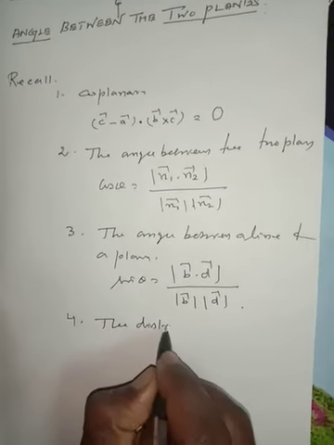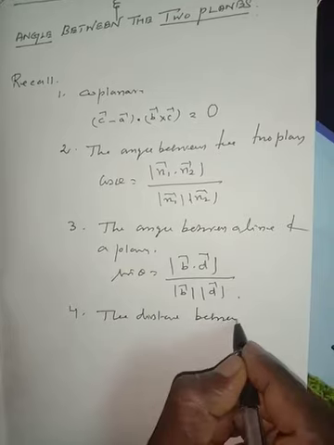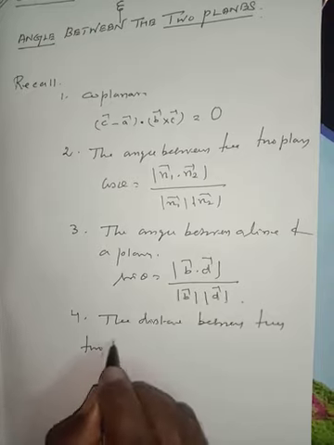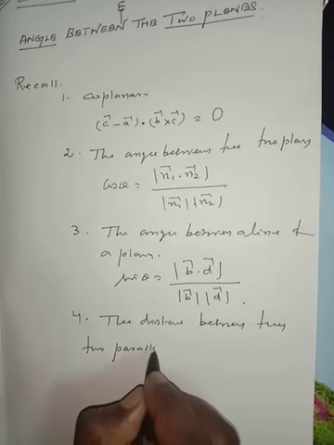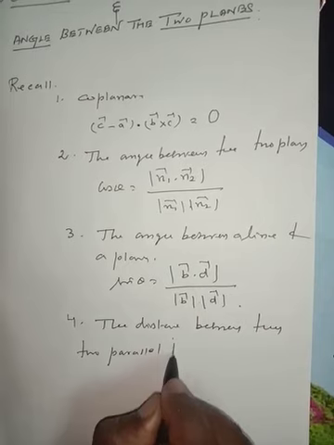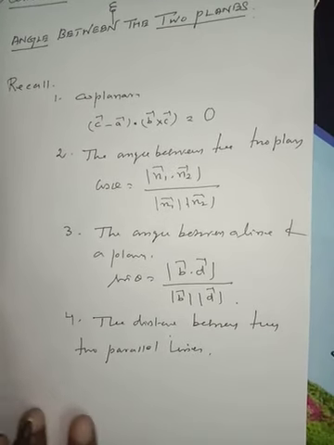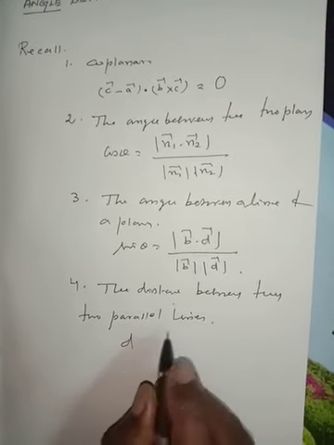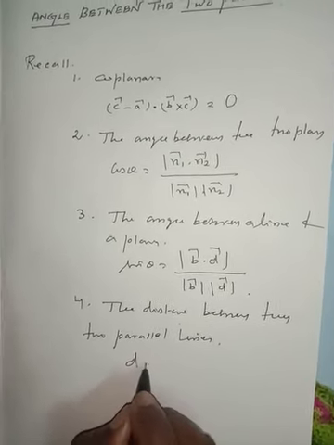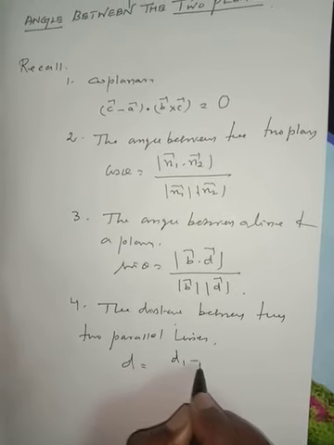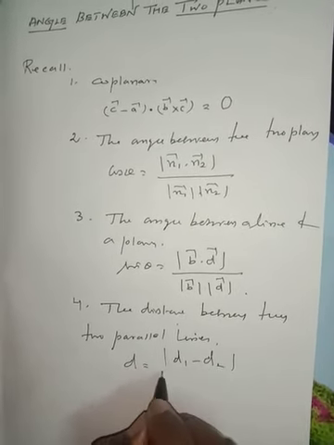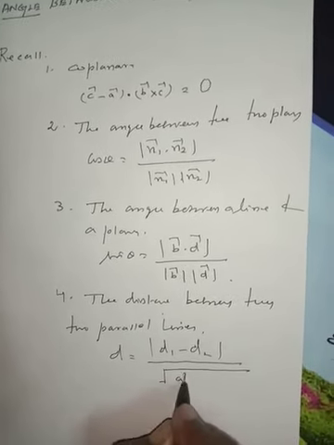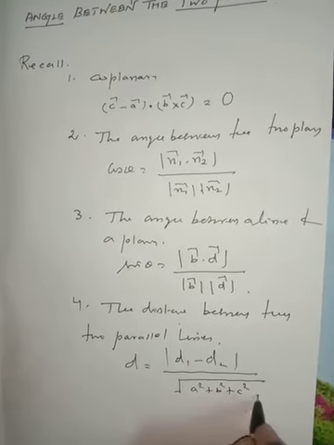The distance between the two parallel lines: D be the distance between the two lines, d1 minus d2 divided by square root of A square plus B square plus C square.